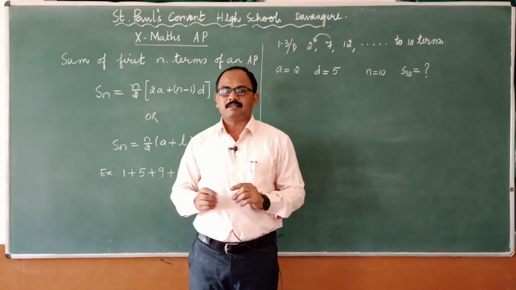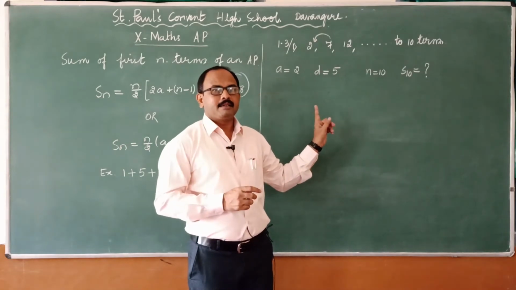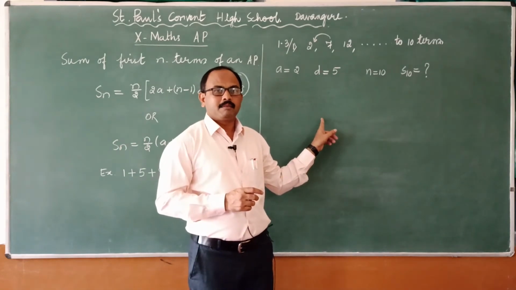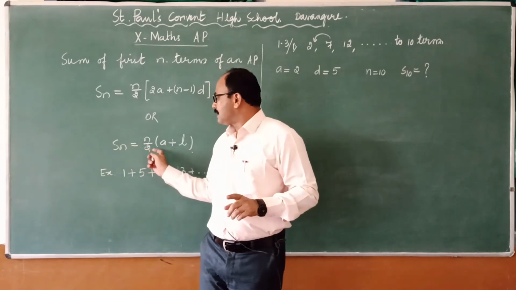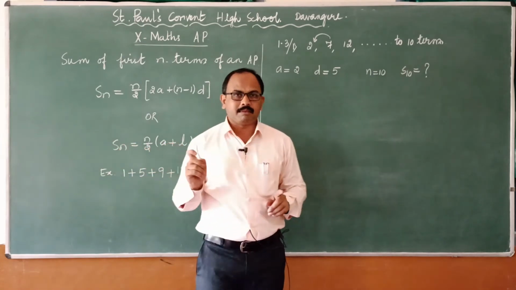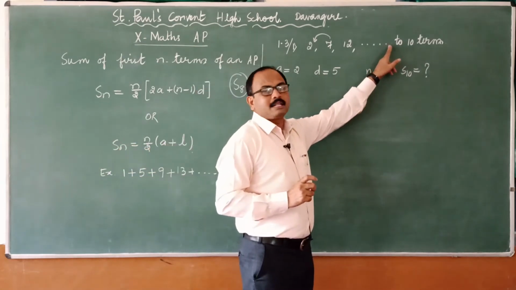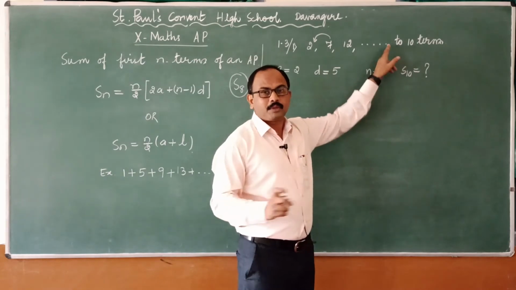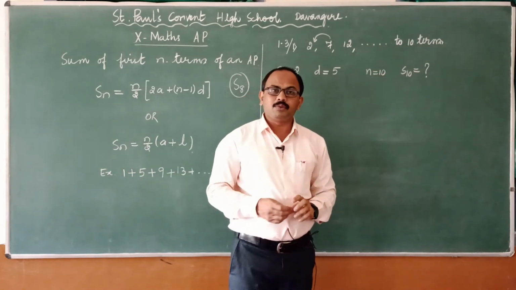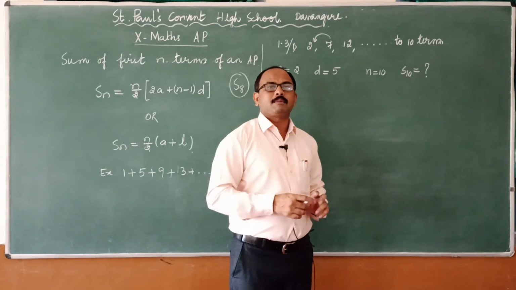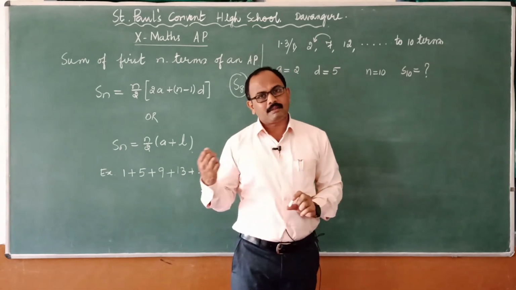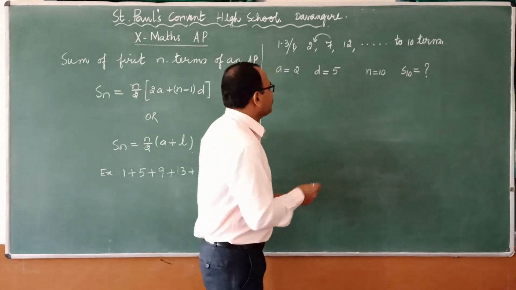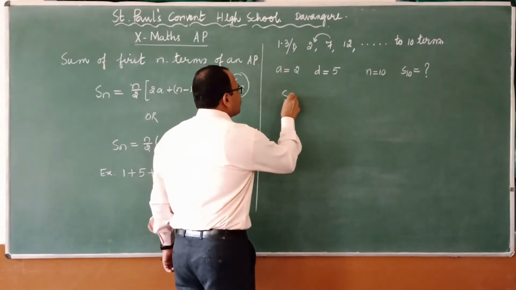First or the second? In this case, the first is preferable because the second formula needs the last term, and the last term is not given. Therefore, the second formula cannot be used. We will discuss some of the other sums where the last terms are given. So, let me use this formula.